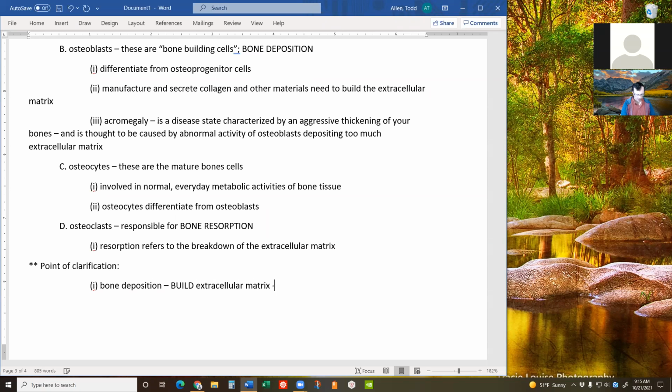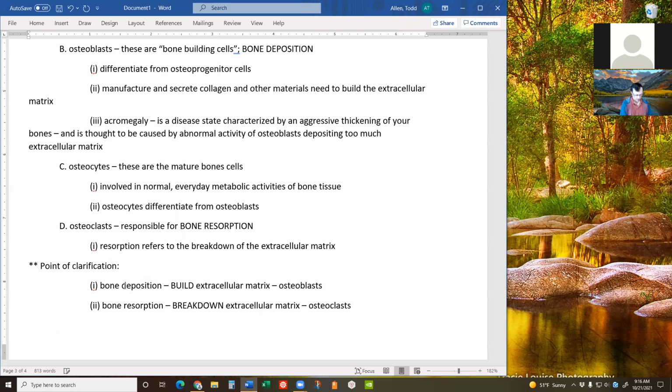And that would primarily be the domain of osteoblasts. Bone resorption, we break down extracellular matrix. That's primarily the domain of osteoclasts.